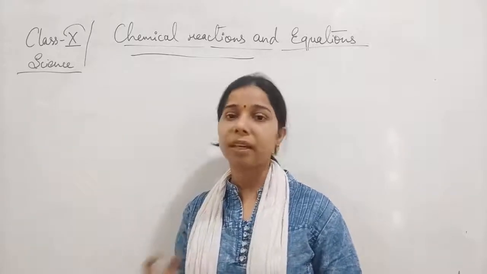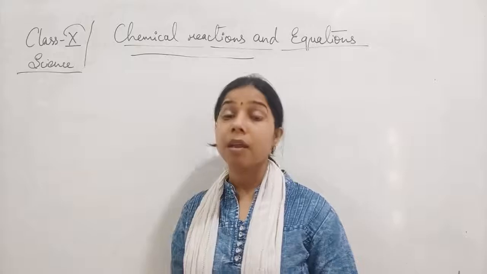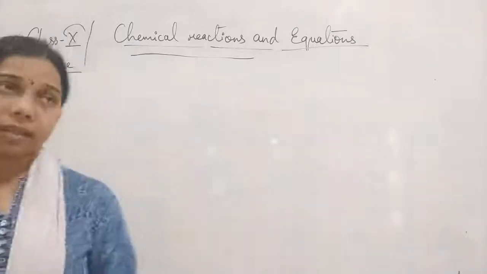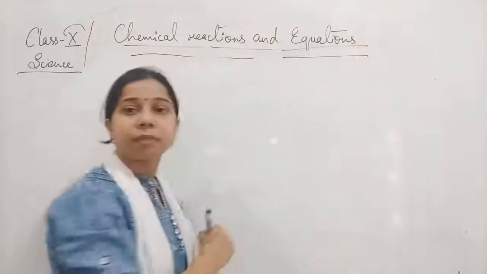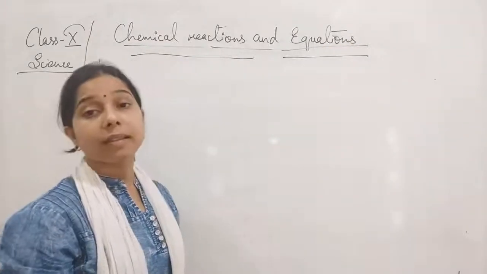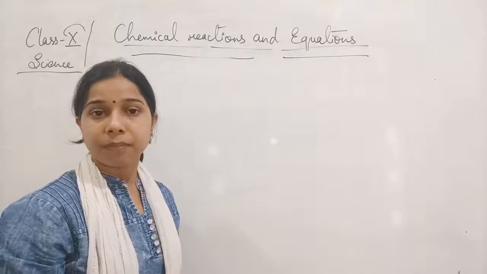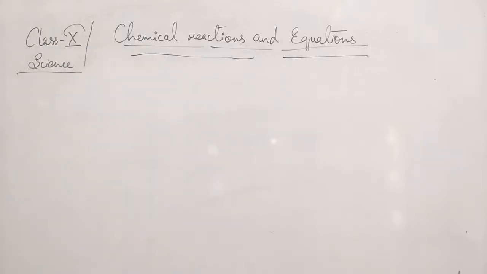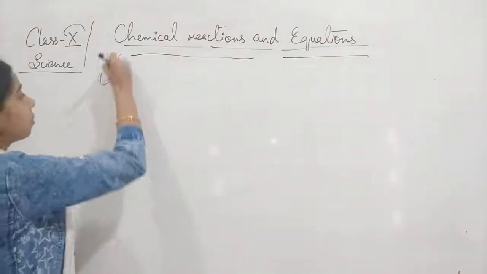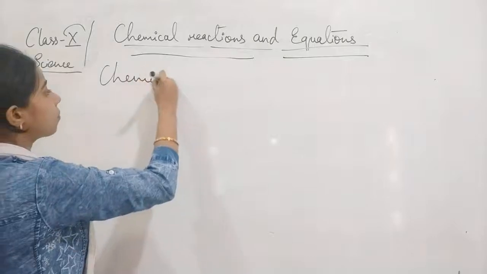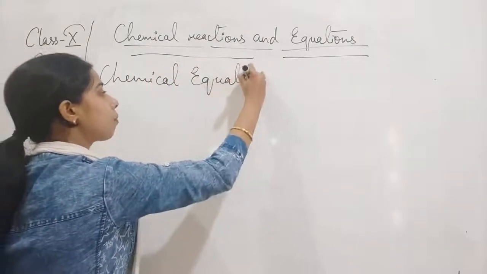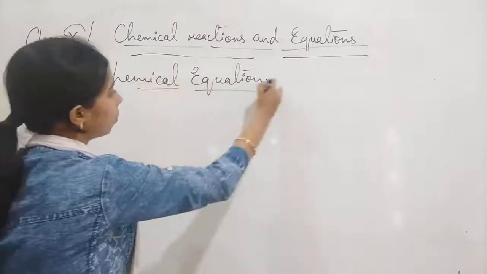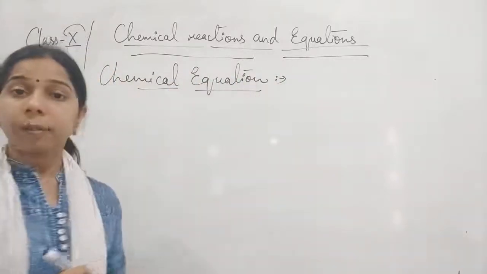With the help of the characteristics, we can say that. Now we have to understand what a chemical equation is. So let us try to understand the chemical equation.